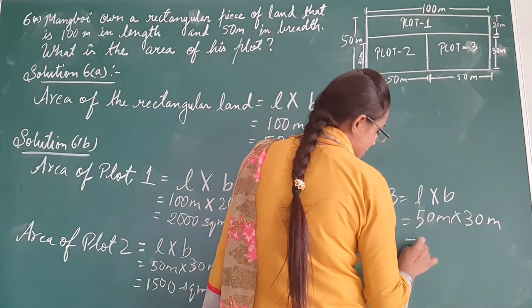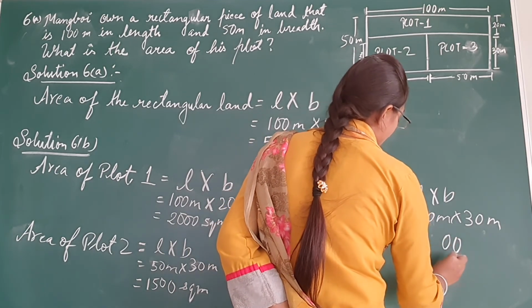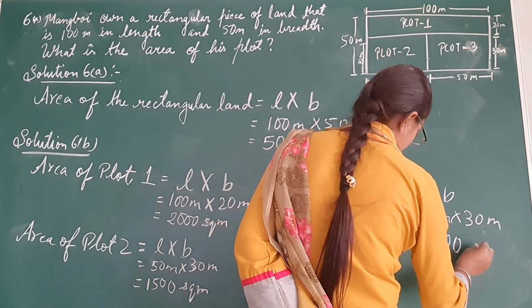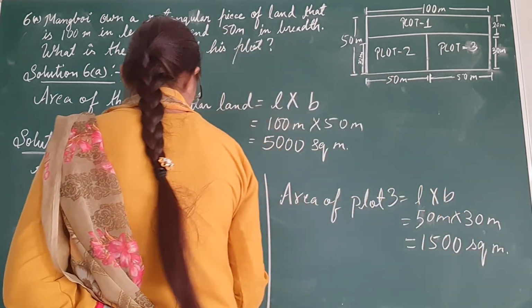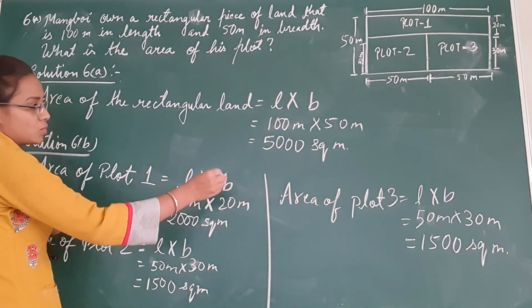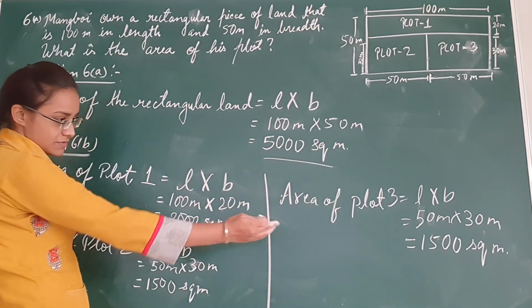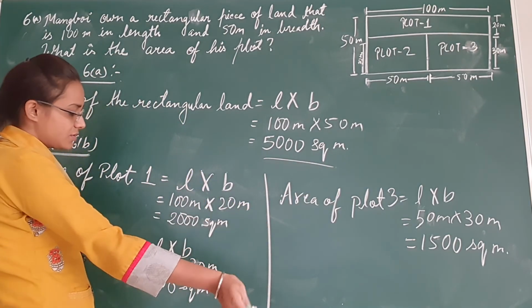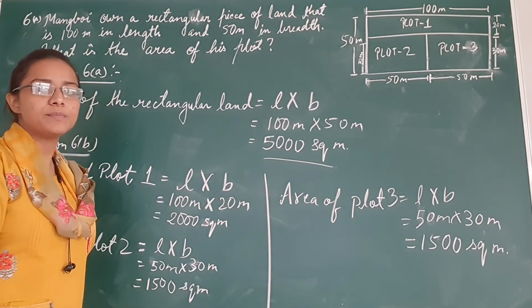As you know, the shorter side is your breadth and the longer side is your length. This is square meter. So when you add up these 3, you will get the total of this. 1500 plus 1500 is 3000, 3000 plus 2000 square meter, that will be 5000 square meter.